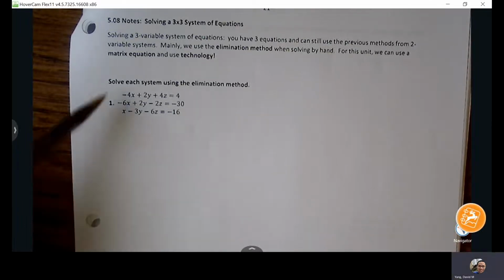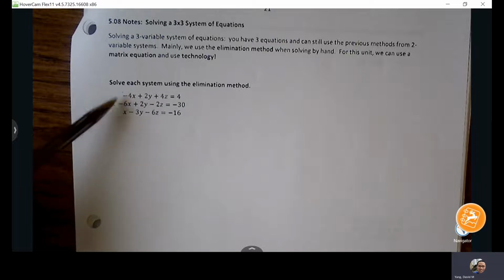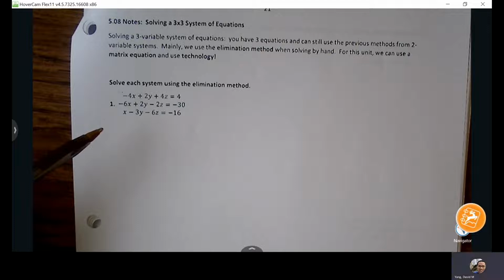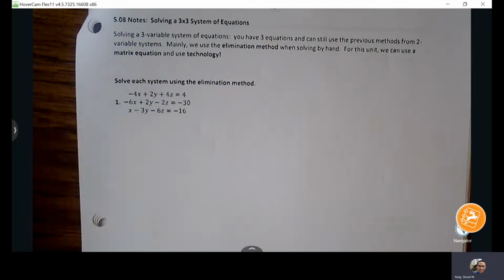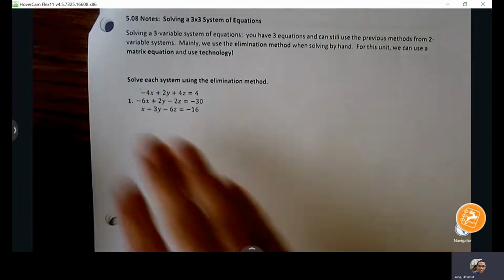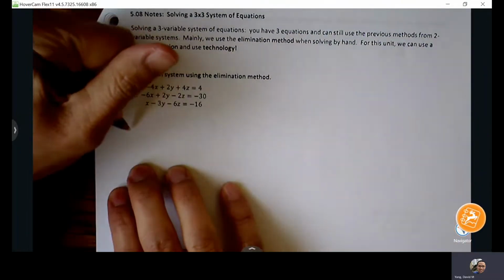So that means that we're going to have to find pairings of two variables at a time. I'm going to target the first and third just because I see that maybe I can just get the x's to pair up. So I'm just going to write the first and third equation above each other.